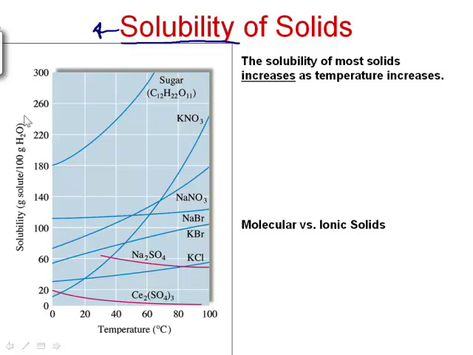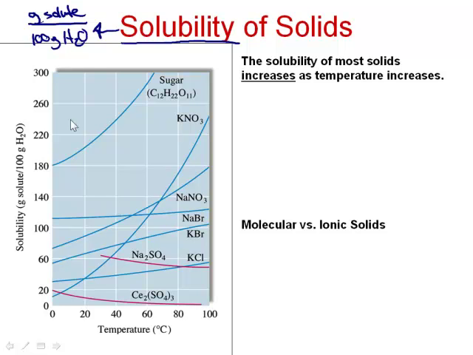Now, if we're looking at aqueous solutions, usually this is going to be listed as a quantity. If I ask you, what is the solubility of potassium nitrate at 50 degrees Celsius? Well, what you're going to give me is a number, and it's going to have the grams of your solute per 100 grams of the solvent, which in this case is usually going to be water because we're dealing mostly with aqueous solutions.